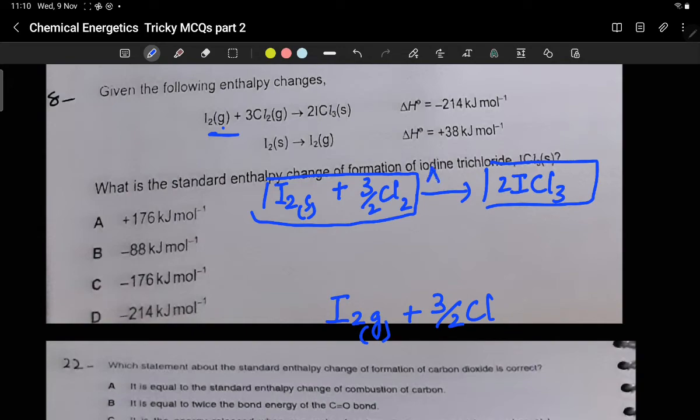This is over here, delta HF we have to find out.